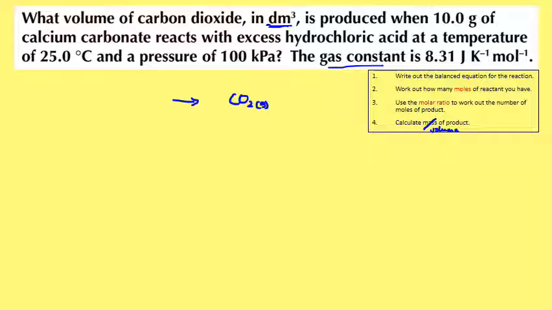Let's put an arrow in here just to make sure we know which is the right hand side. And then we're told that 10 grams of calcium carbonate, which you'll know has a formula like that, is reacting with excess hydrochloric acid. When we look at that, we quickly see that we've got no calcium on the right hand side, so we're going to have to adjust that.